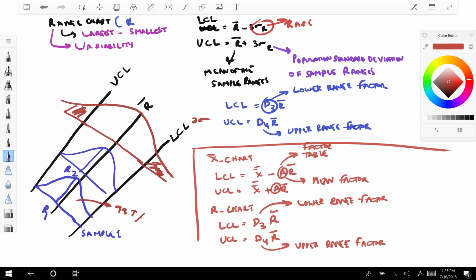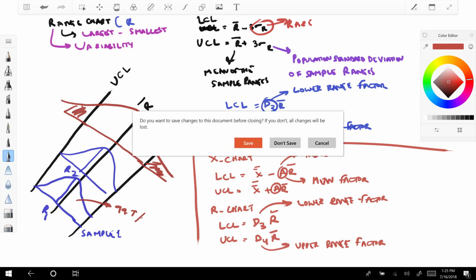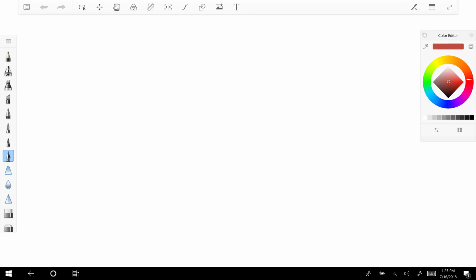These are the formulas we will be using to solve our problems. So let's move to the new sheet and try to solve a problem on X bar and R chart.